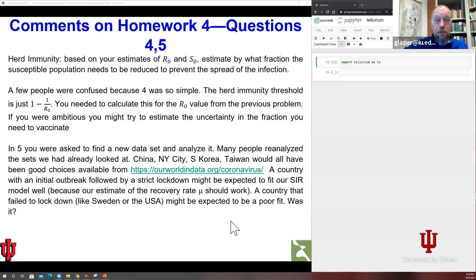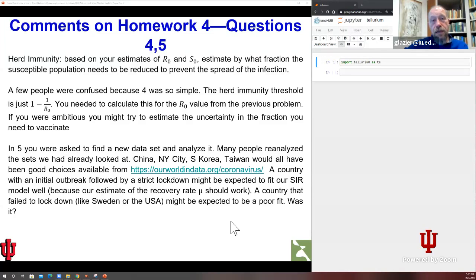If you thought that problem was really too simple, then you might look at the uncertainty in your estimate of R naught from your fits, and then see what that does to the vaccination or herd immunity level that's required. But literally, all you had to do for problem 4 was take 1 minus 1 over R naught from problem 3 and give me the number back. And so maybe that was such a simple thing to do that it seemed confusing.